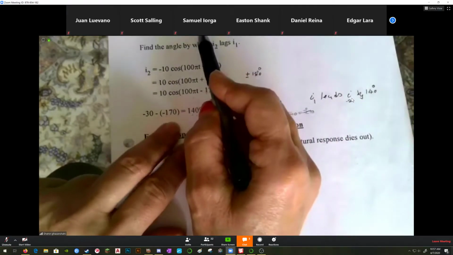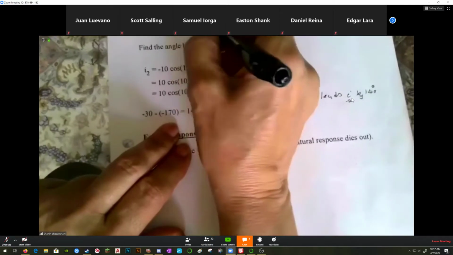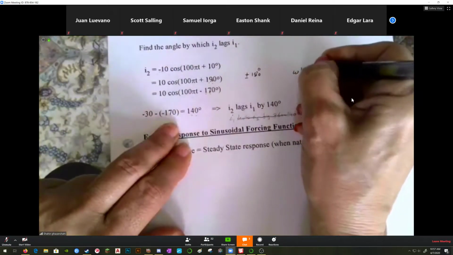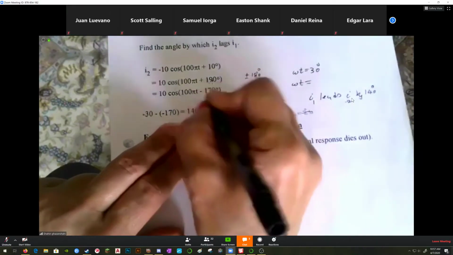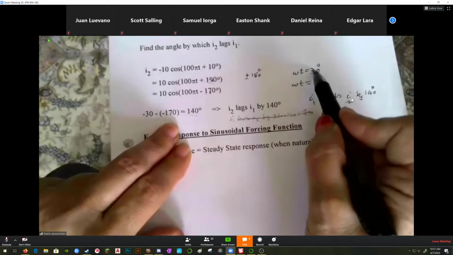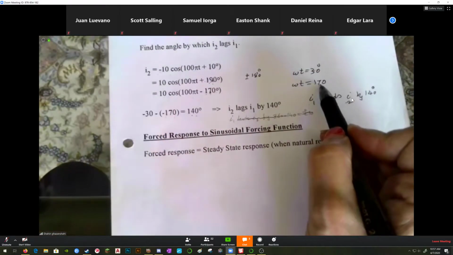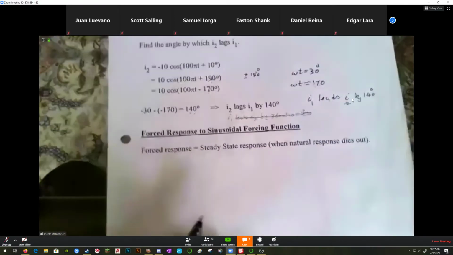When you set omega t here, for this one it is 30, and for this one it is 170. So this happens before that one. So I1 leads I2 by 140.